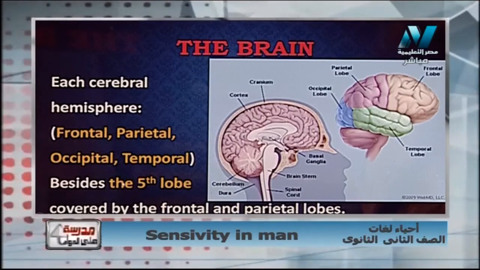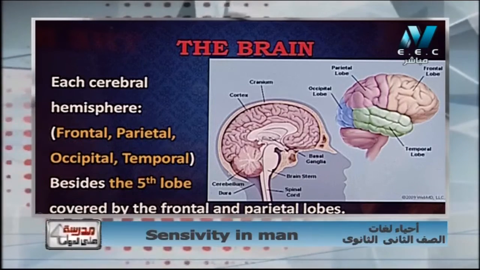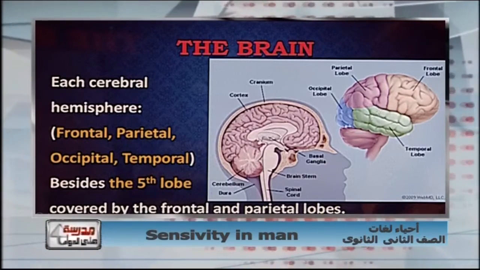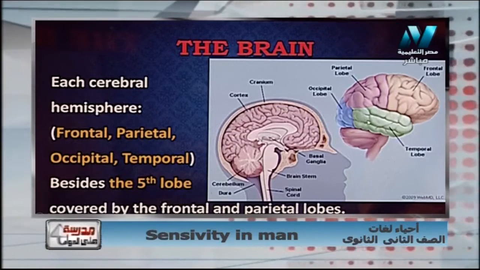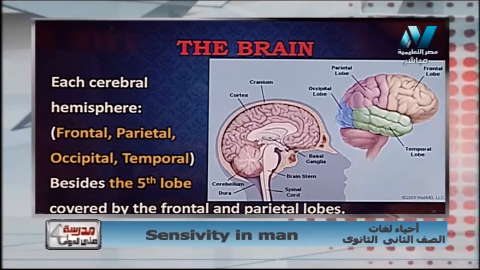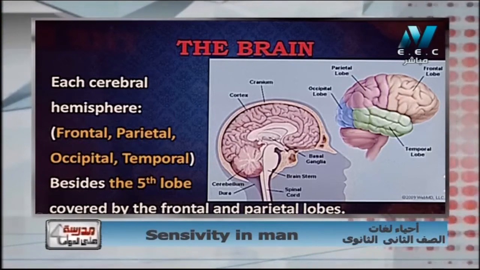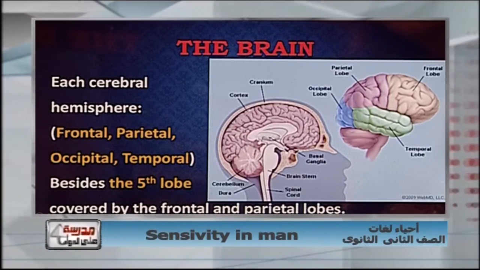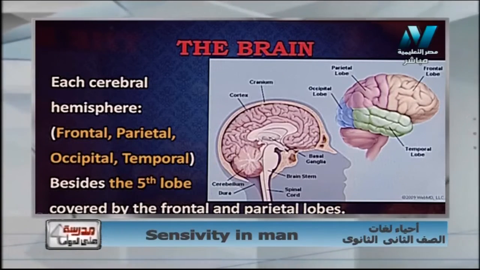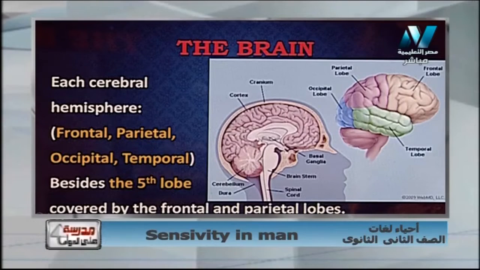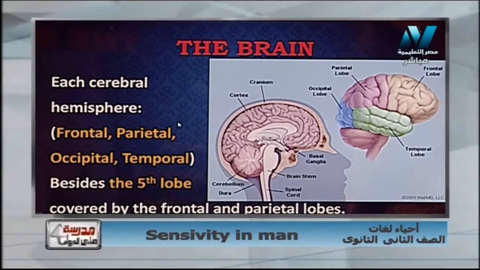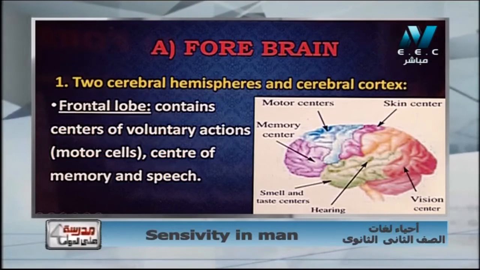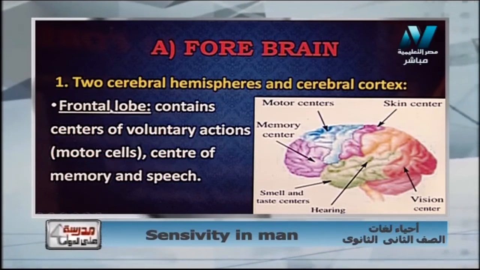There is another fifth lobe, which is hidden by the frontal and parietal lobes. This picture also shows the brain inside the skull, and the cortex is full of grooves and folds. Study each part in detail.